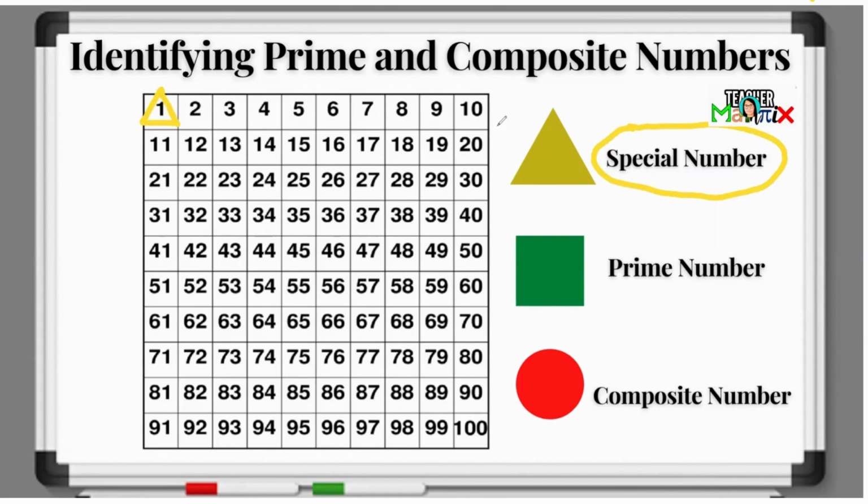Let me proceed with composite number. Let us remember that a composite number is a number where there are 2 or more factors.